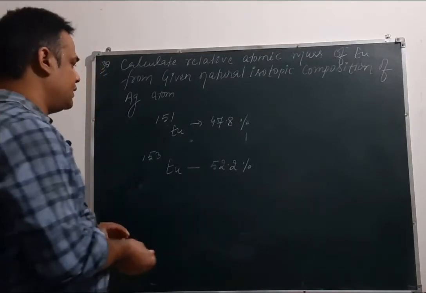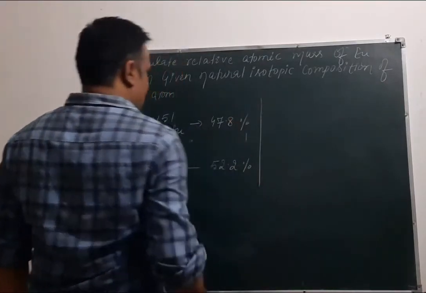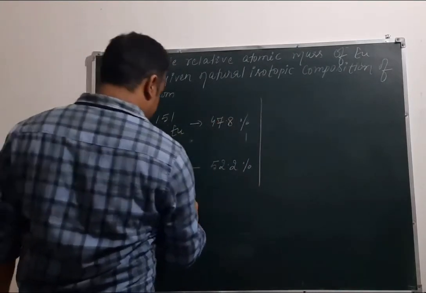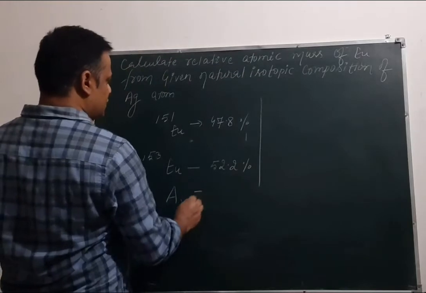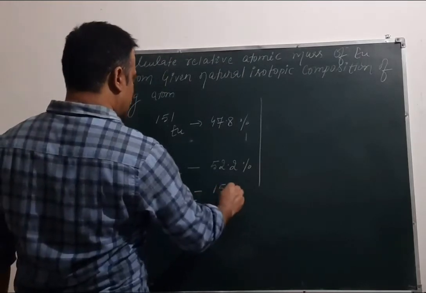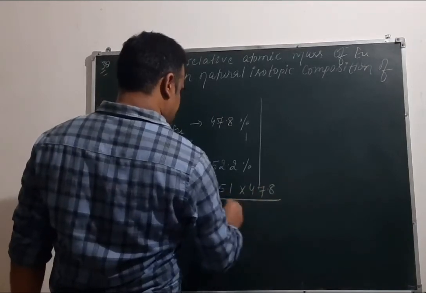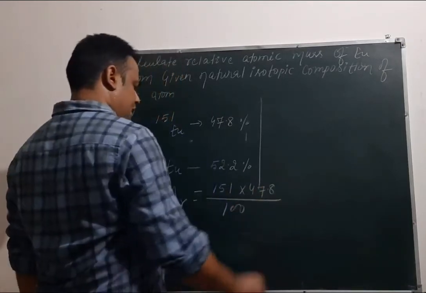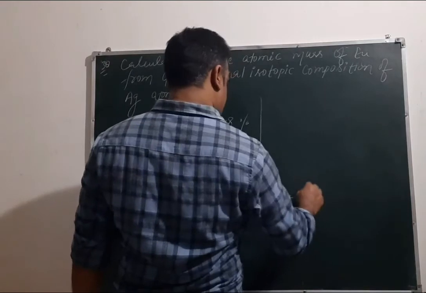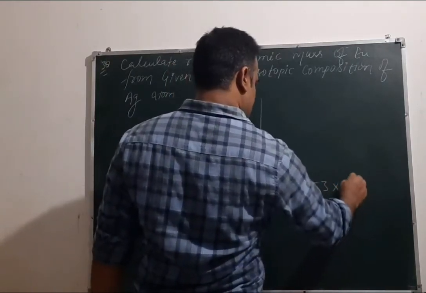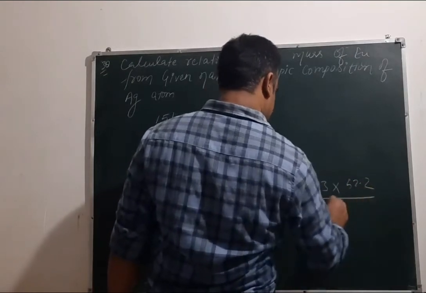So to find the average relative atomic mass, we'll apply the formula. AR is equal to 151 into 47.8 divided by 100 plus 153 into 52.2 divided by 100.